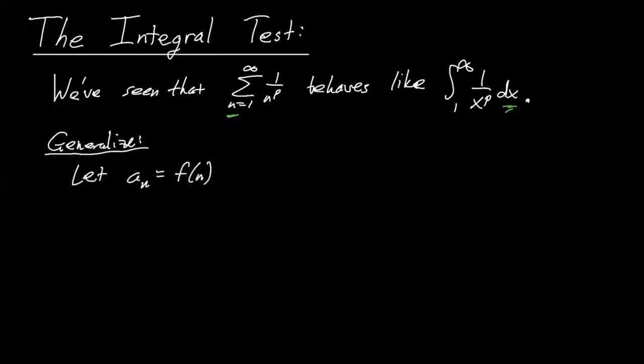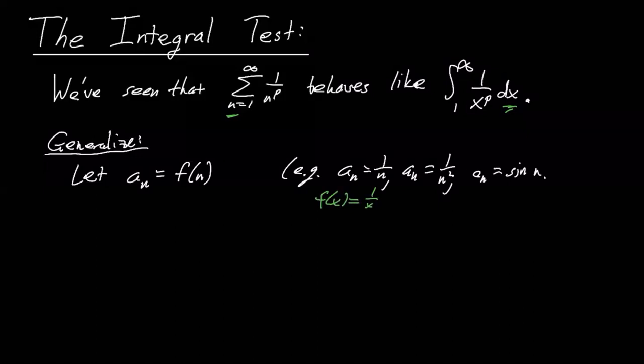So just in your mind, you should think a n equals 1 over n, or 1 over n squared. a n could equal sine n, just anything. Here the function is 1 over x, so f of x would be 1 over x.